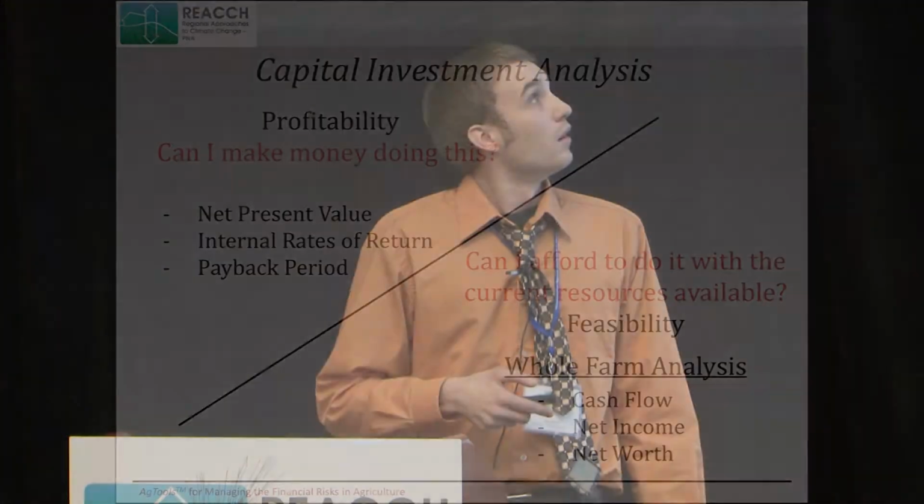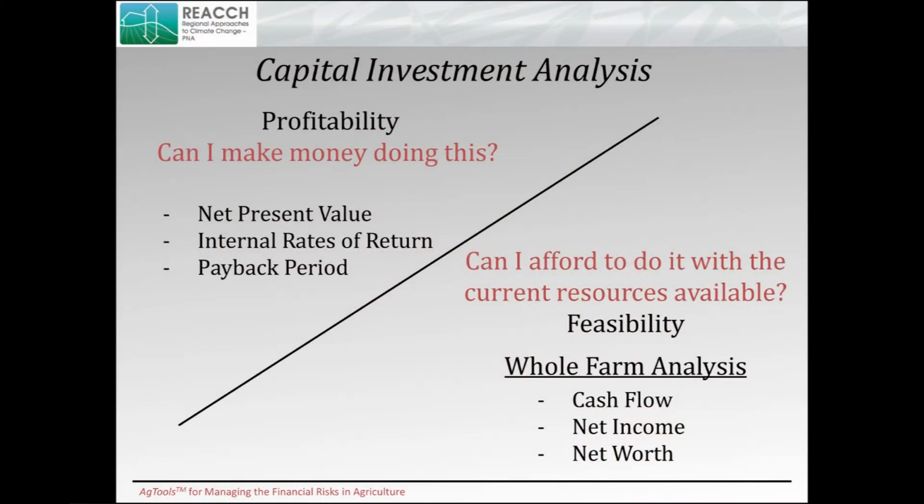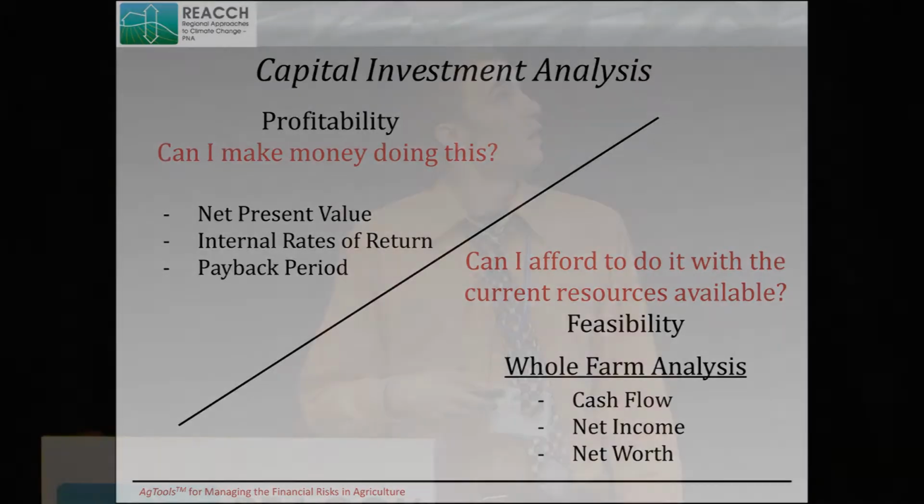So basically, Ag Tools is a capital investment analysis software. It analyzes the profitability and feasibility of investments. Can I cash flow my investment? Is it going to be worthwhile to me? Here are some examples of what Ag Profit can do for you, which is the first program.